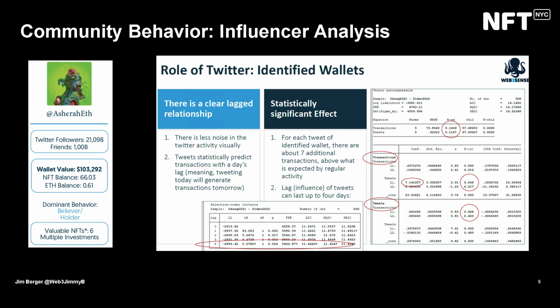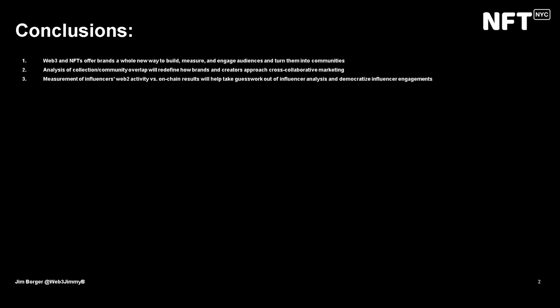But when they do, we took a look at Crypto Dick Butts and found that people who were holding a Crypto Dick Butt token and tweeted about it catalyzed, on average, 7 additional transactions on chain for every tweet. The lag for that was about 3 to 4 days, with most of the activity ensuing in the first 24 hours.